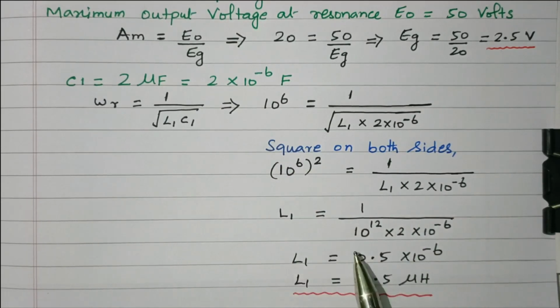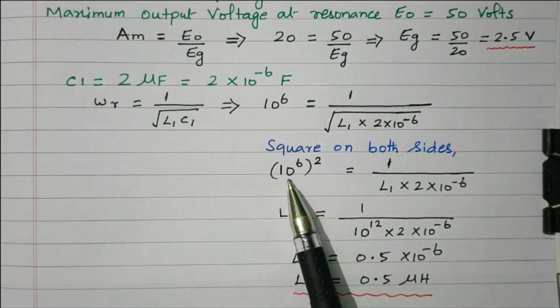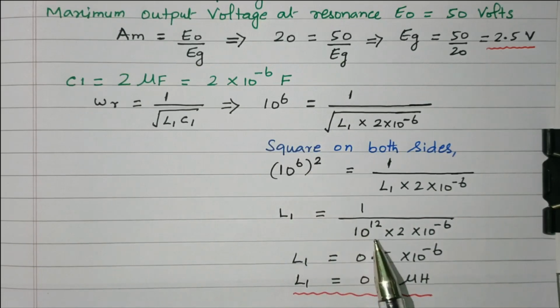So L1 equal to 1 divided by 10 to the power 12 into 2 into 10 to the power minus 6. While simplifying we got 0.5 into 10 to the power minus 6, that is 0.5 microhenry. So one parameter is calculated. Supply voltage calculated and L1 is calculated.